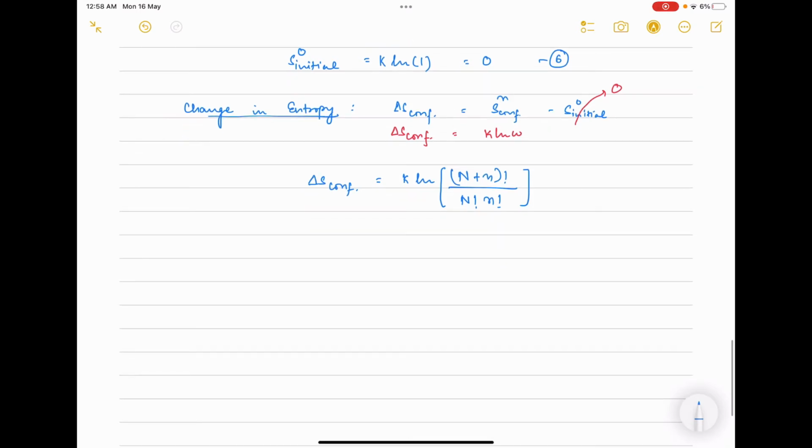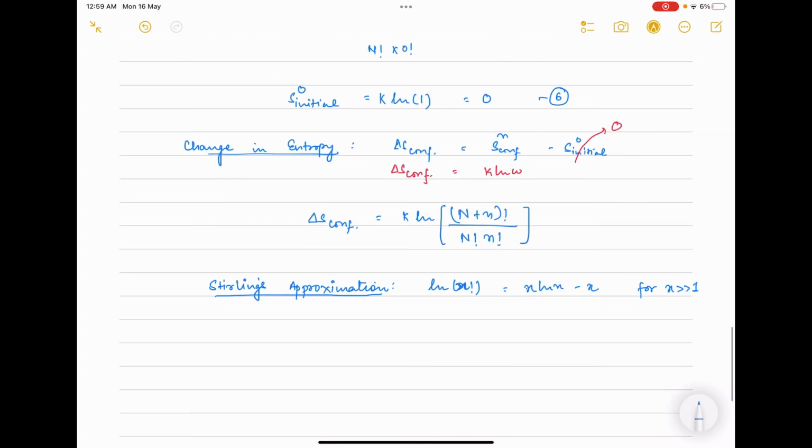Now we use Stirling's approximation to solve this complicated logarithmic value. As per Stirling's approximation, ln of x factorial is equal to x ln x minus x for x much larger than 1.